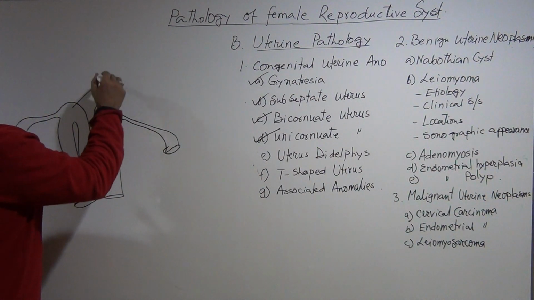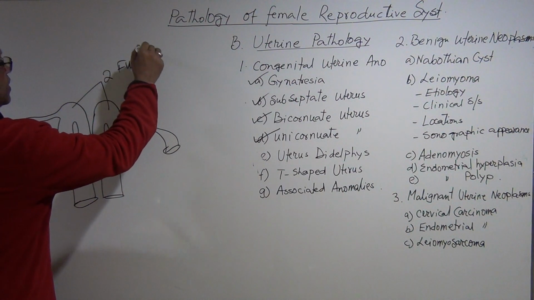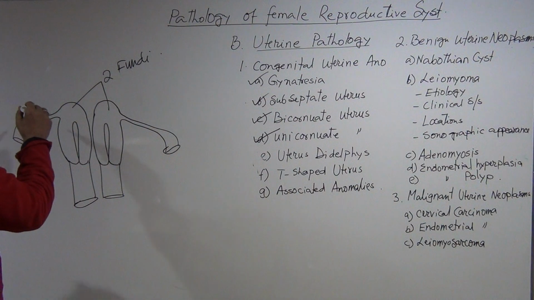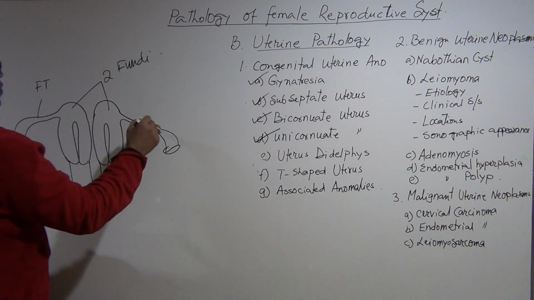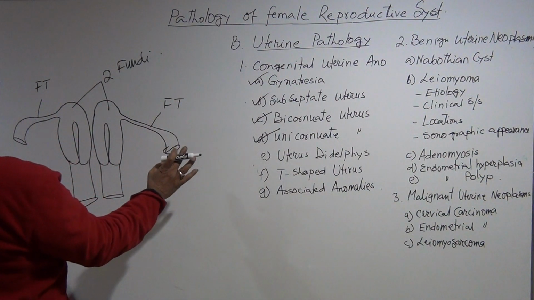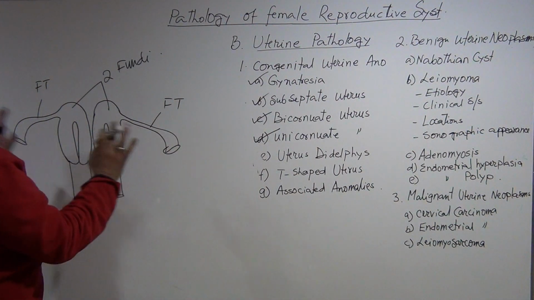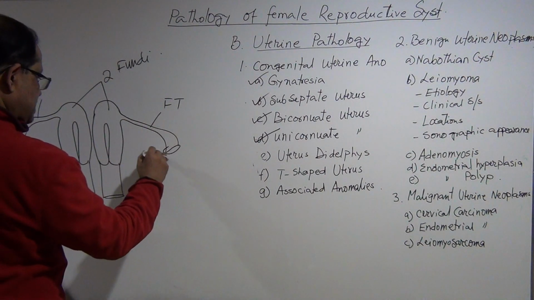There will be two fundi. There will be two fallopian tubes. Even though there are two uterus, it doesn't matter. Fallopian tubes will always be two because the ovaries are here.